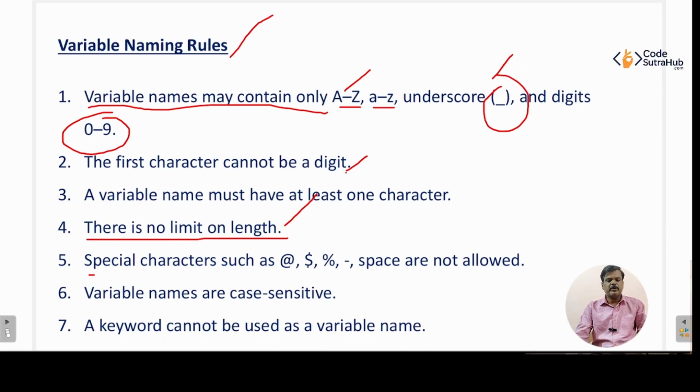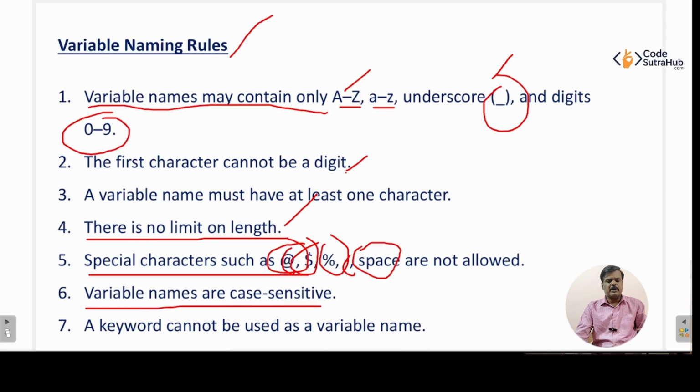Next, the variable name does not allow special characters like percentage, at the rate of, dollar, comma and space. These special characters are not allowed in a variable name. Next, variable names are case sensitive.